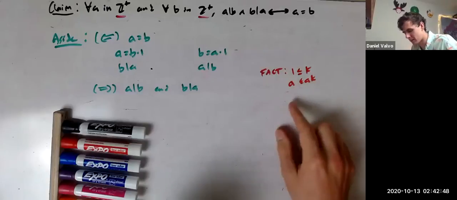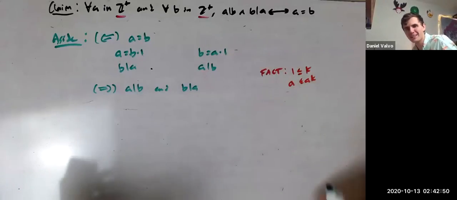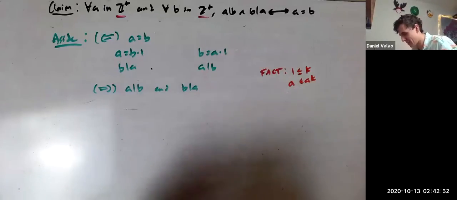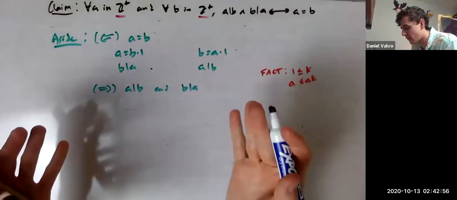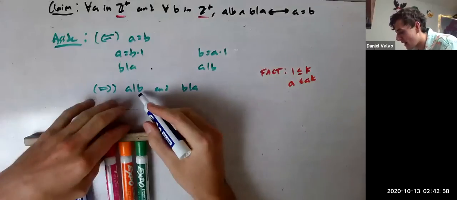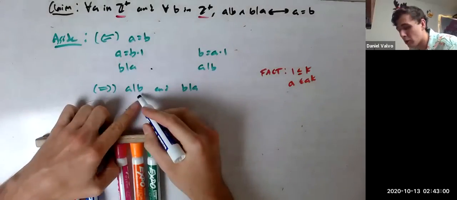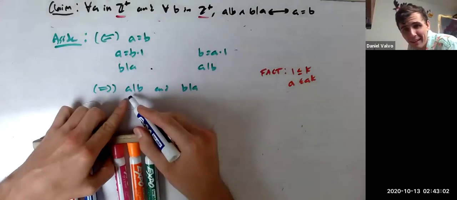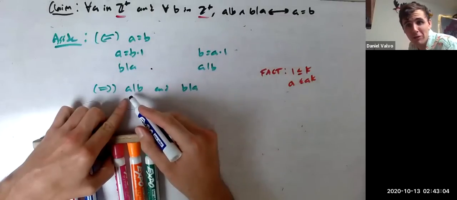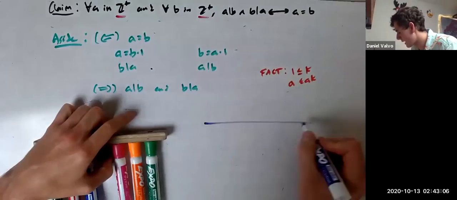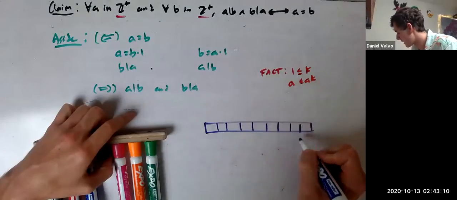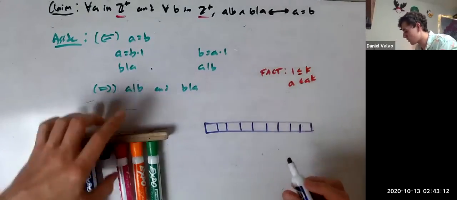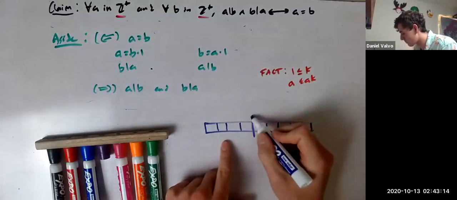Why is this important? Well, think about it, right? Let's look at a case of division. A divides B says that you can divide B into integer groups of A, right? Like, for example, if you had 1, 2, 3, 4, 5, 6, 7, 8, you can divide 8 into integer groups of 4.